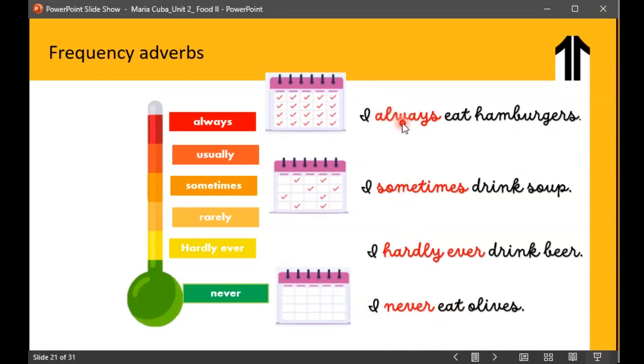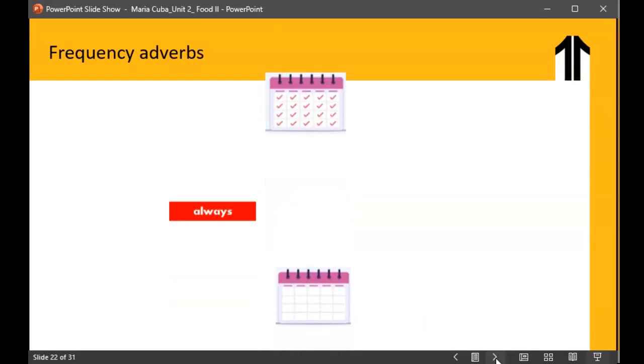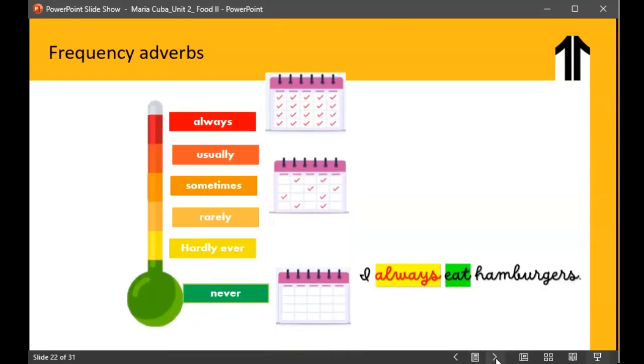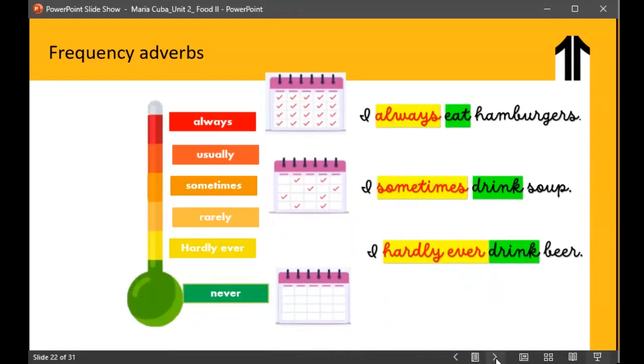These are the frequency adverbs. And the position of a frequency adverb, as you can notice, is before the verb. They go before the verb. Always eat, sometimes drink, I hardly ever drink, I never eat. Correct? So that is the position of the frequency adverb.